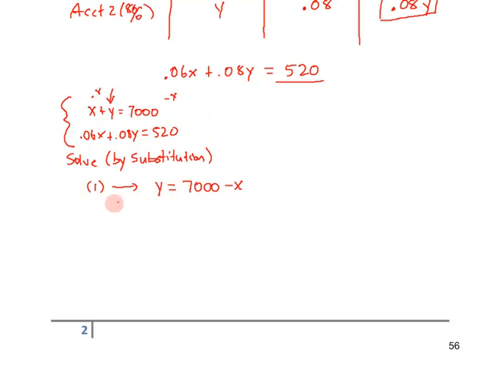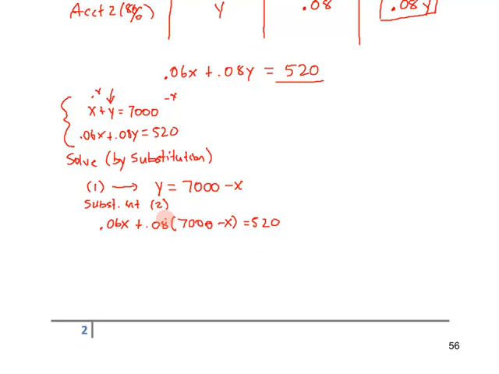Okay? Now substitute into the second equation. That says 0.06x plus 0.08 times 7,000 minus x is 520. Right, now we've got an equation of a single variable.